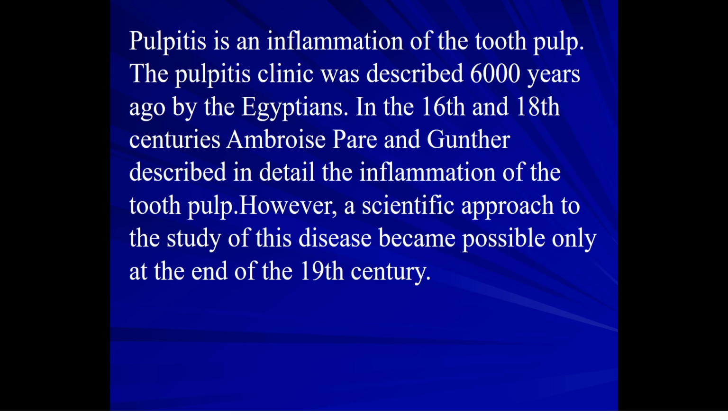In the 16th and 18th centuries, Ambroise Paré and Günther described in detail the inflammation of the tooth pulp. However, a scientific approach to the study of this disease became possible only at the end of the 19th century.